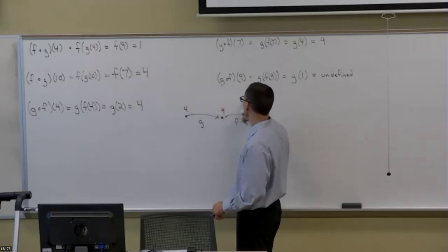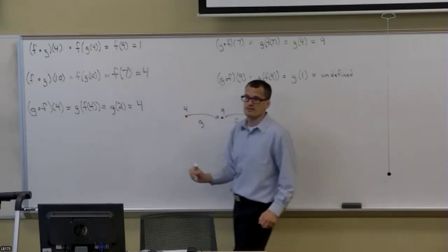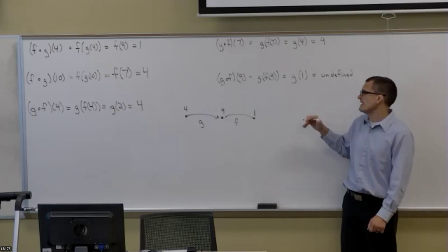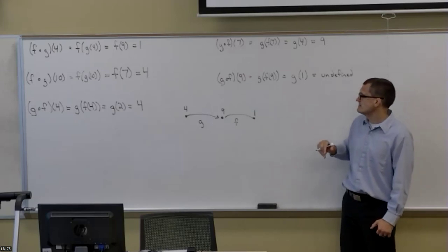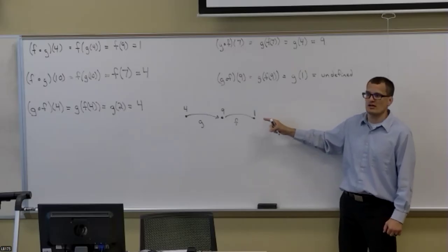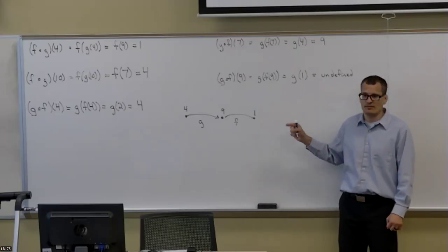So 4 goes to 9 goes to 1. And I'm talking about this, right? If you think about it like that, then it's nice. And this kind of thought process will set us up for the next section too. That's why I keep referencing back to that picture.